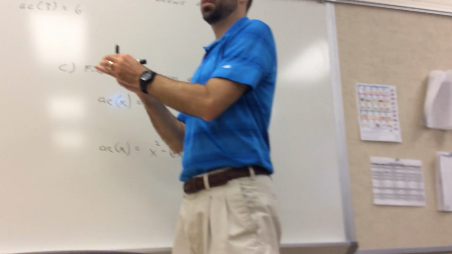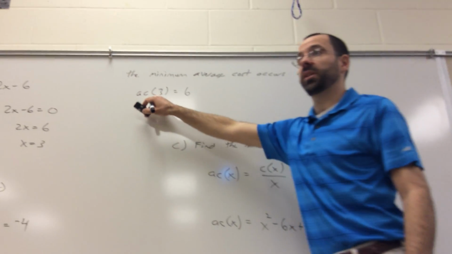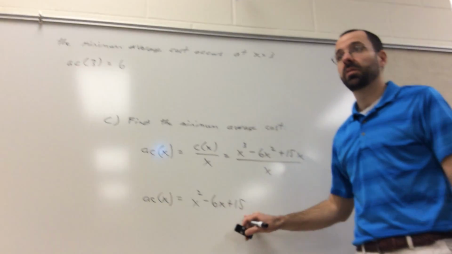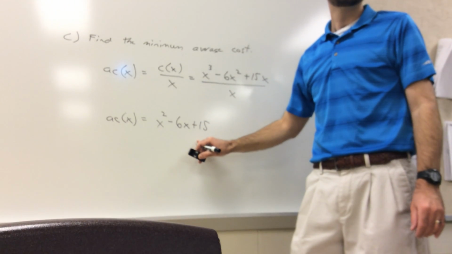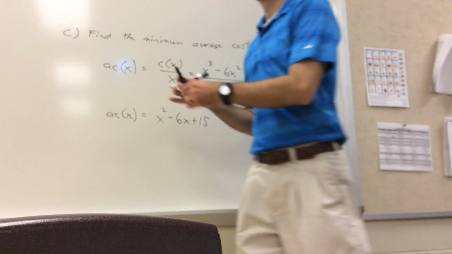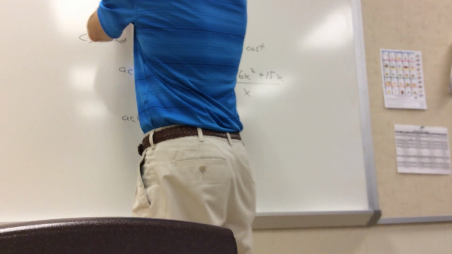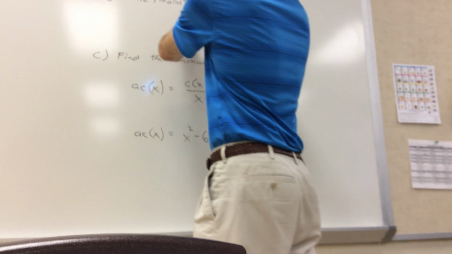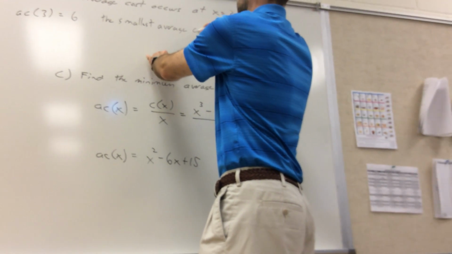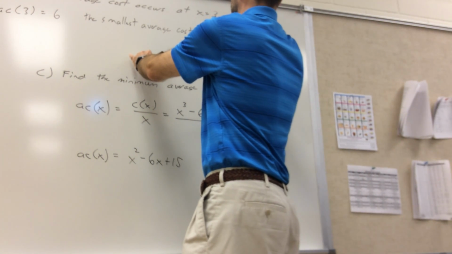And that comes out to 6. I just got this 6 by plugging 3 into here. So the smallest average cost is $6 per Frisbee.